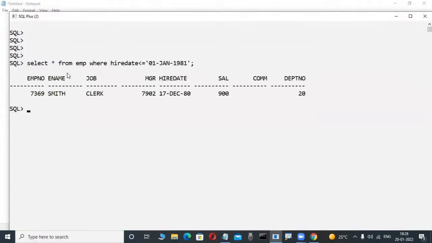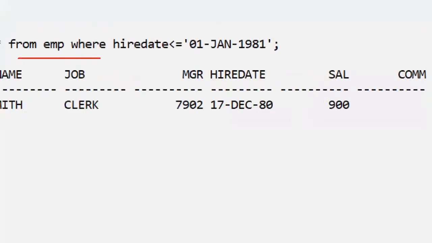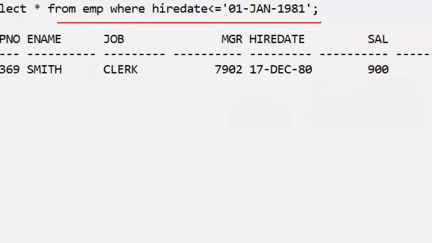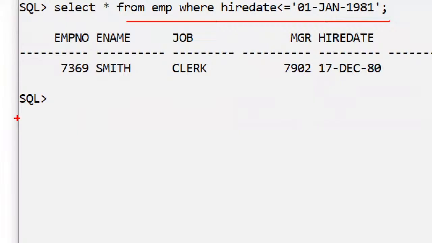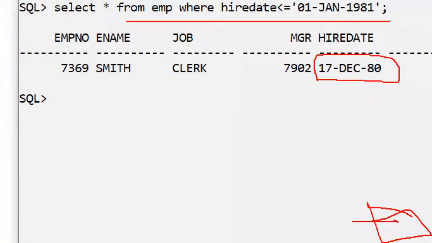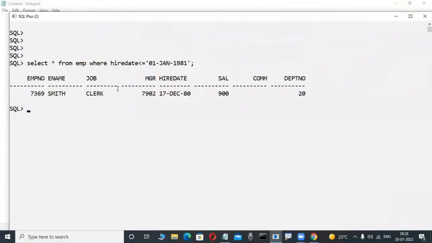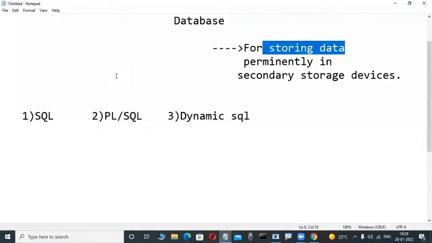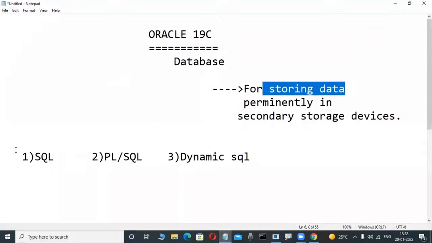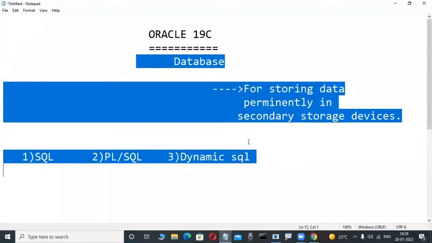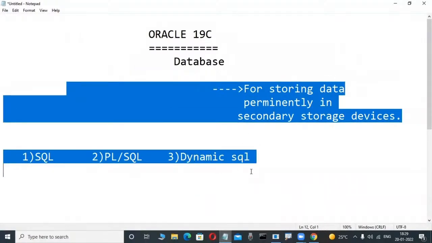Like this, they write the queries, and the data is automatically displayed. With a single line of code, the employees who joined before 1981 are automatically retrieved from the database. That is why efficient data retrieval is most powerful, and it is possible only through these databases and languages.